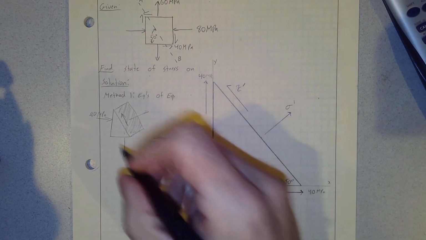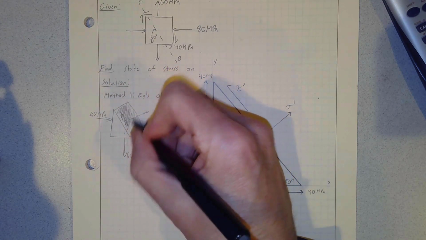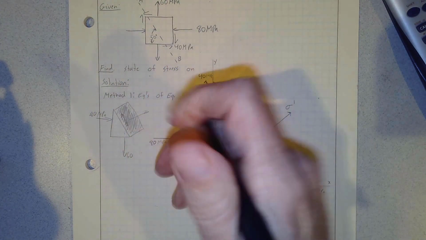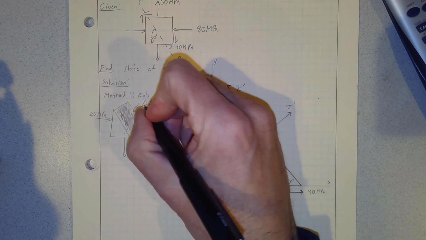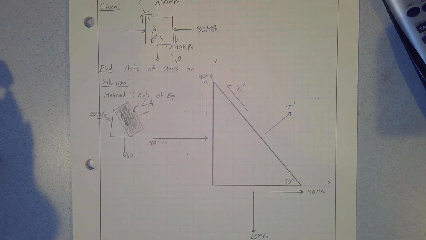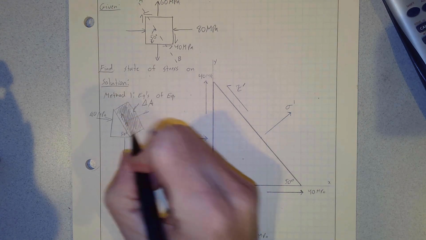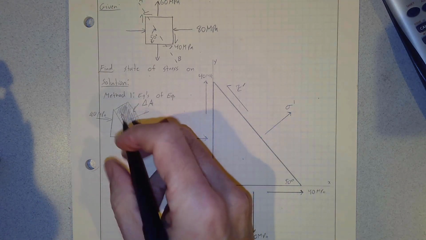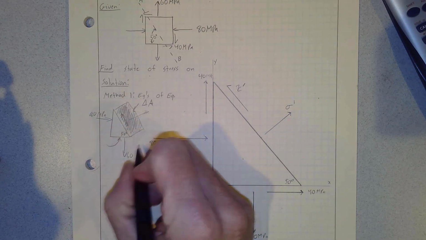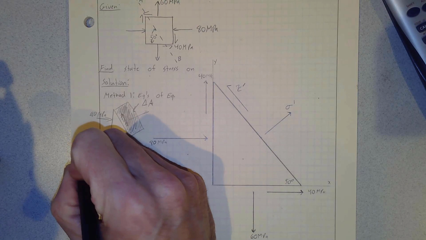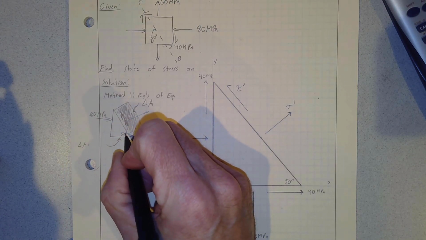We need to multiply them by an area. So for this example, let's call this big shaded area here, the whole shaded area on our plane AB, delta A, or we could just call it A for area. And knowing that, given that this angle down here is 50 degrees, we can also write the areas on the bottom. The magnitude of the area on the bottom would be delta A, and here we're looking at adjacent to the 50 degrees.